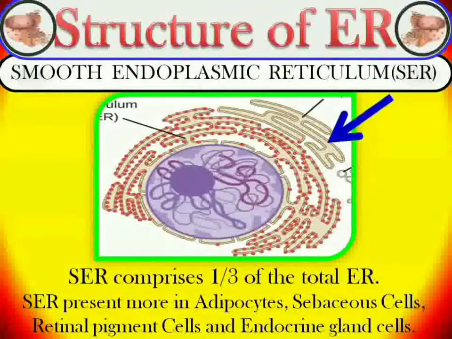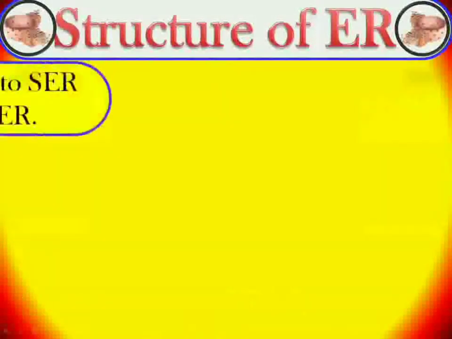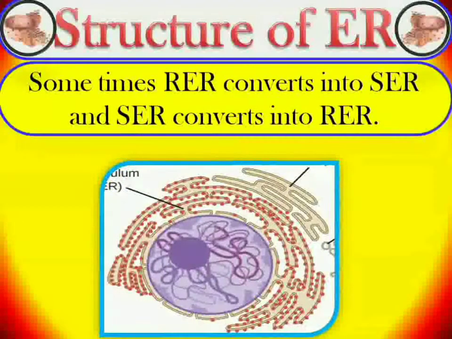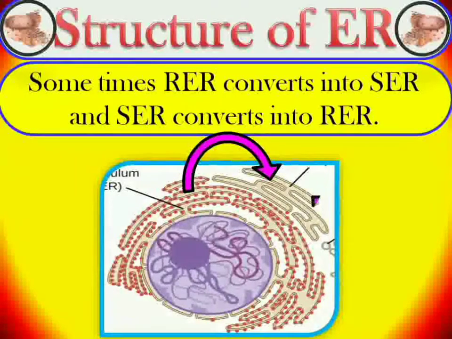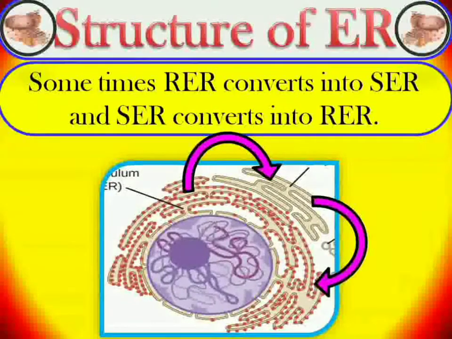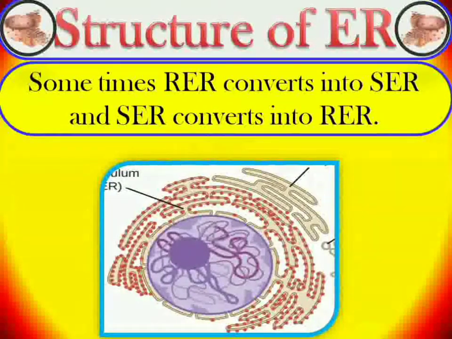So the cells which are involved in lipid synthesis contain more smooth endoplasmic reticulum. And the most important and interesting point is that sometimes rough endoplasmic reticulum converts into smooth endoplasmic reticulum and smooth endoplasmic reticulum converts into rough endoplasmic reticulum. It happens sometimes. So this is the structure of endoplasmic reticulum.